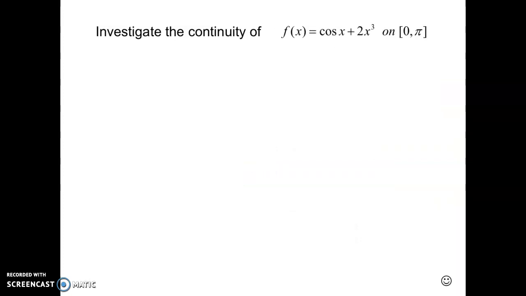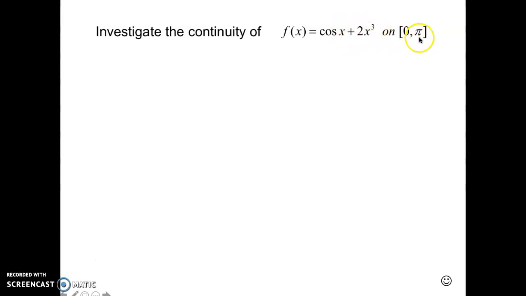What about this function? Let's investigate its continuity. Well, I have a cosine function, which, because we're smart, we know is continuous everywhere. And it's being added to a cubic function, a power function actually, 2 times x to the third. This is continuous everywhere. We're adding two continuous functions.